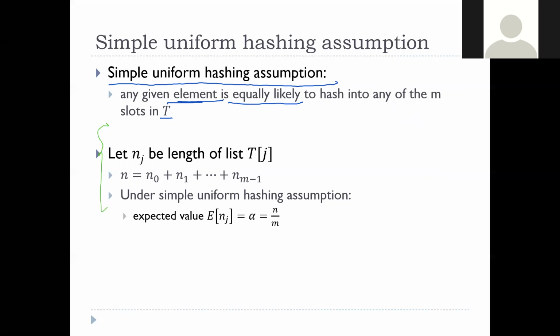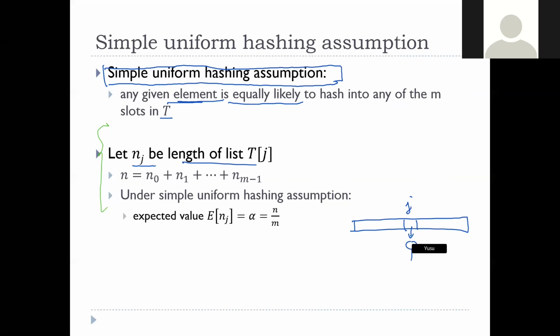Now if we have this simple uniform hashing assumption, then naturally, for any fixed slot, say j, let nj be the length of the list hashed there. What is the expected length of this list?